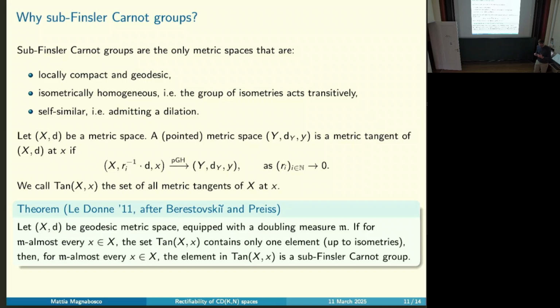So if the tangent is unique almost everywhere, then it is almost everywhere a unique sub-Finsler Carnot group. In this sense, sub-Finsler Carnot groups naturally arise as metric tangents of metric spaces, and this is quite remarkable. By only asking uniqueness of the tangent, we get that the tangents also have a lot of structure: they are sub-Finsler Carnot groups.